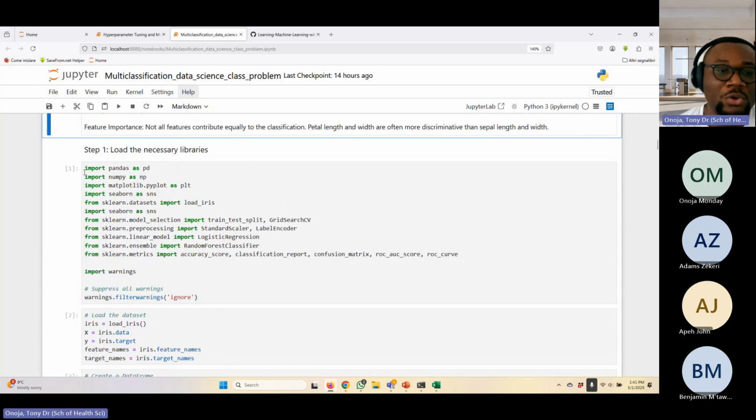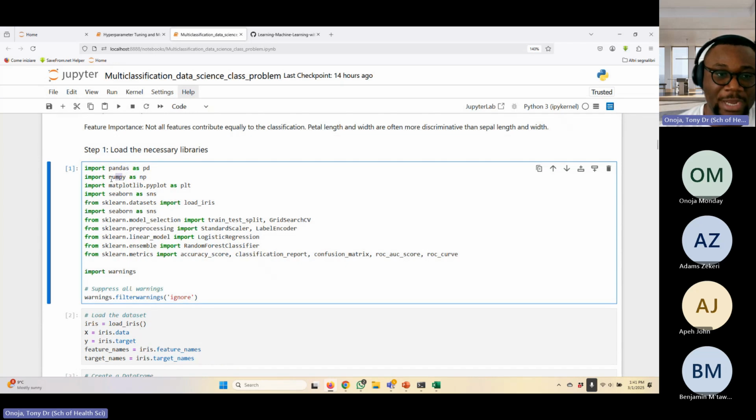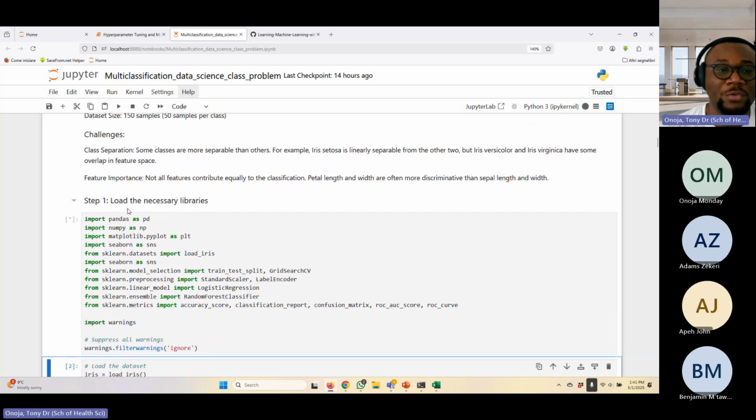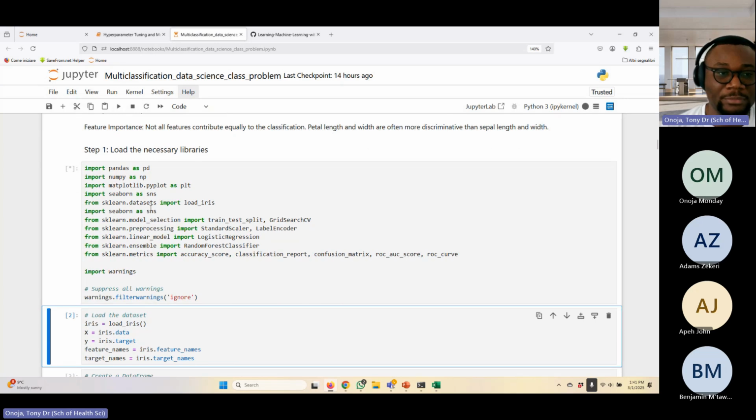So as usual, load the necessary packages. If you have likely installed pandas, NumPy, matplotlib, Seaborn, and sklearn, you are likely not going to have to do any installation because they are the same packages from our last class. So all you need to do is run them.